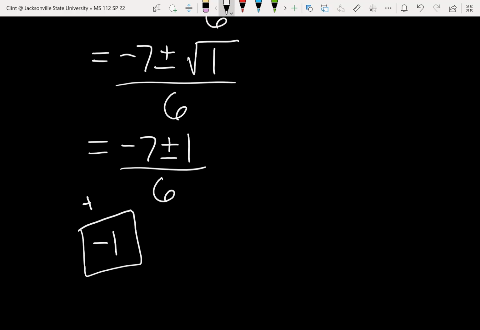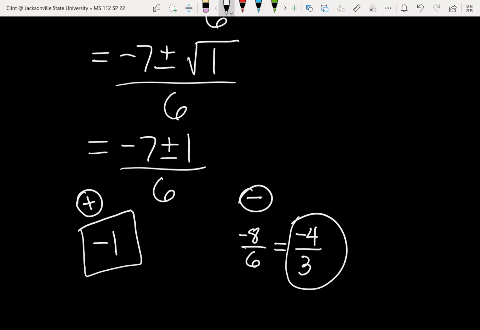That comes from using the plus sign. If we use the minus sign, negative 7 minus 1 is negative 8. Negative 8 over 6, that reduces, what's that? Negative 4 over 3. Okay, our two solutions.